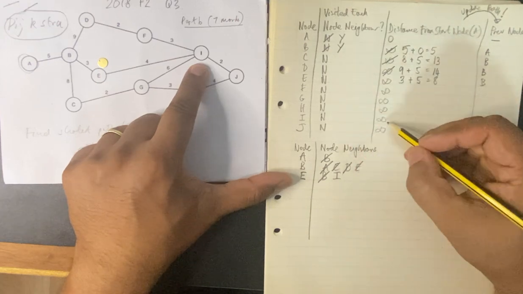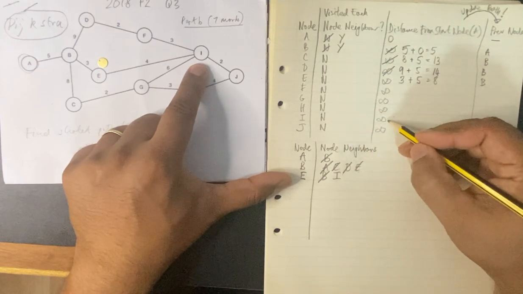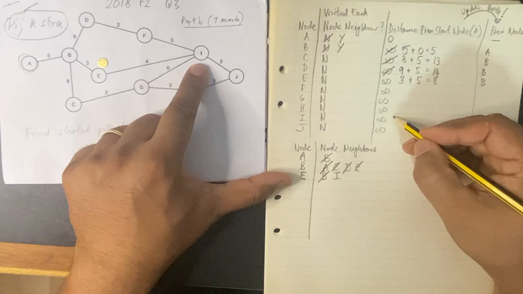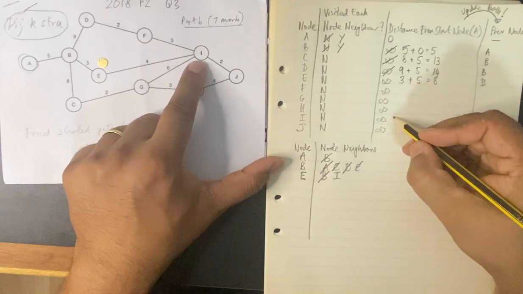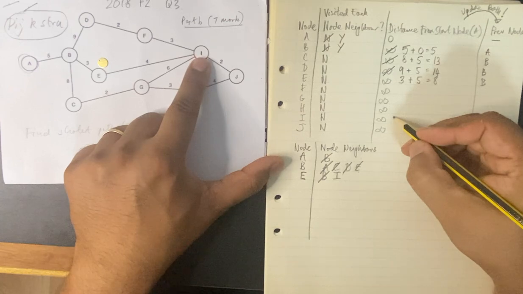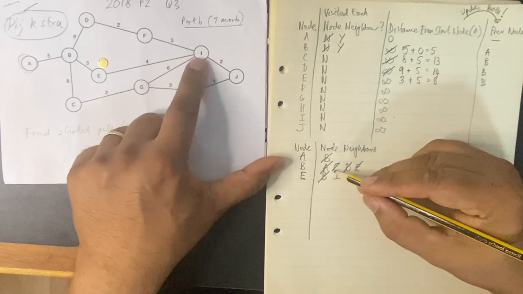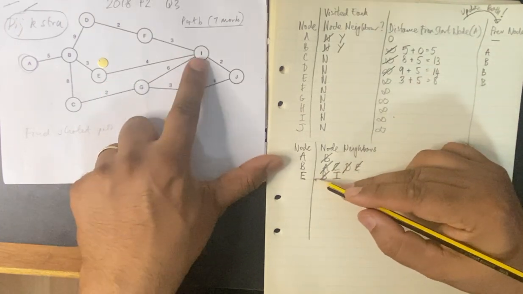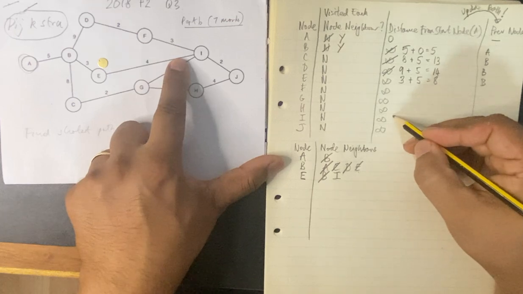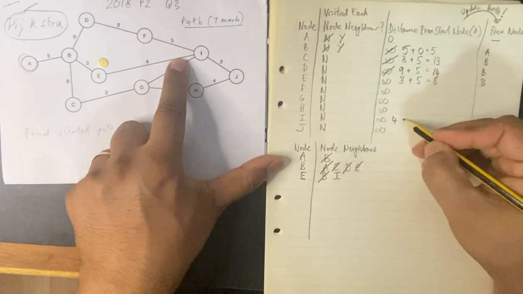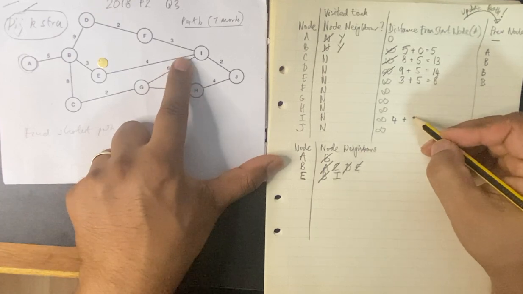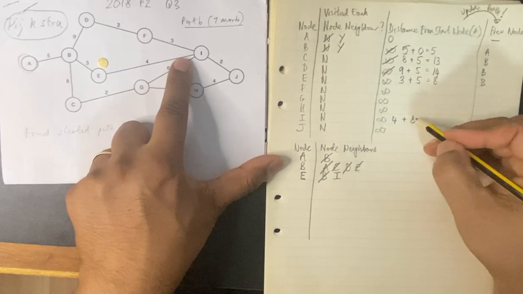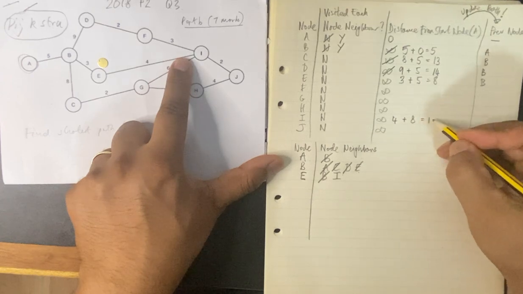There's no Y here, so we do need to do something. There's an infinity here, so we know that whatever path we come up with, it's going to be less than that, so we will have an update. So I goes through the node E, so that's going to be 4 plus the distance of E, which is 8, and that gives us 12.